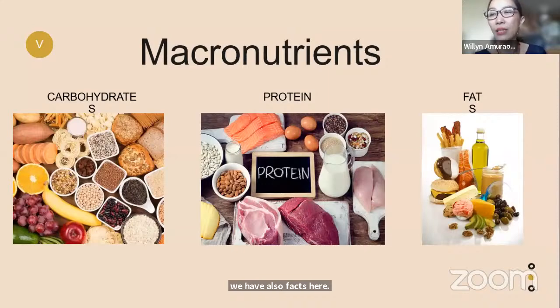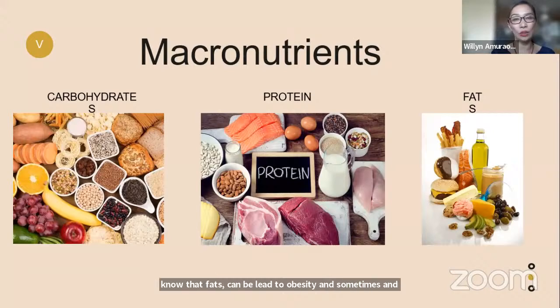Fats are sometimes considered scary by other people because we all know that fats can sometimes lead to obesity, and to cholesterol or fat deposition in our body. For the fats, there's bad cholesterol and we have the good cholesterol. Alpha-linolenic acid is a good example of fats also, which is good for the brain and for the heart.